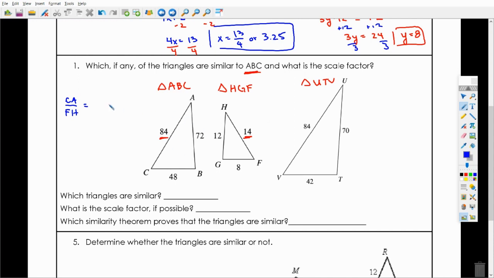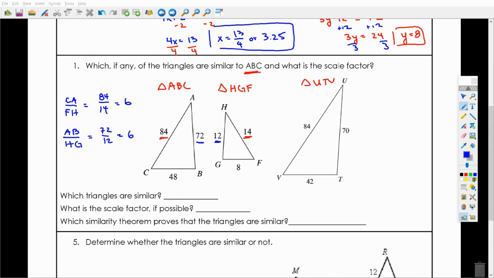So 84 over 14, and you get 6. So we're going to see if everything else is also a scale factor of 6. And if they are, then it's going to be similar triangles. So I'm going to take the middle one now. That's 72, so that's AB over HG, or first two letters of our triangle. So 72 over 12. You also get 6.